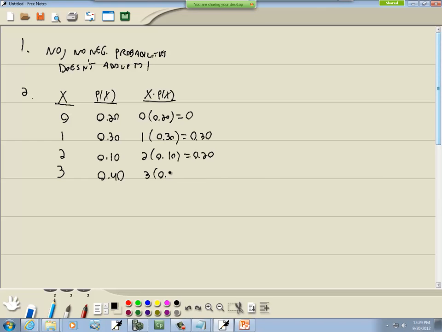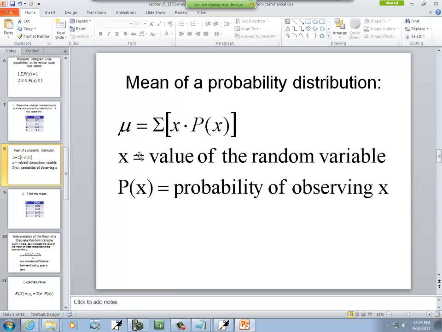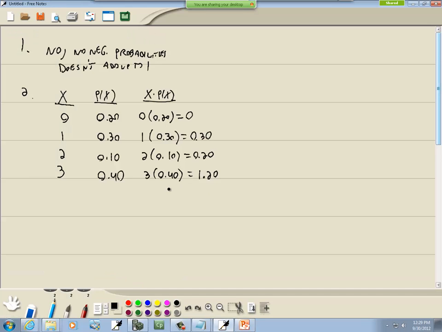And 3 times 0.40 gives us 1.20. Now this sum is the sigma here. That means sum it up. So our sum of x times p of x would give us 1.7. And this is our mean. And that's represented with this notation.